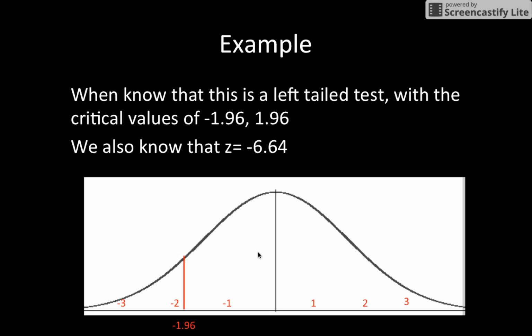First, on this side, you have your value of negative 1.96, and on the other side, 1.96. So these are going to be your rejected regions. And sorry, I shaded them in as best as I could.